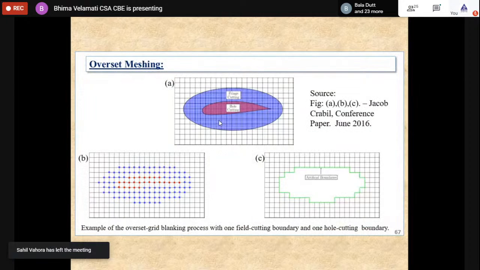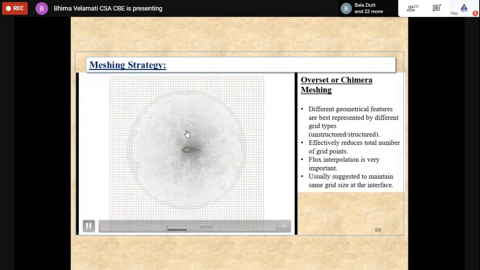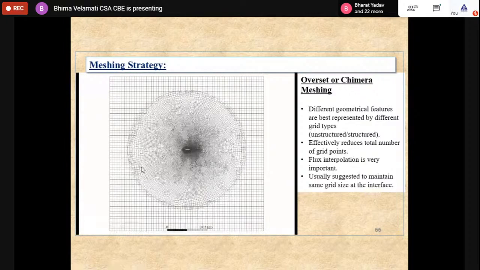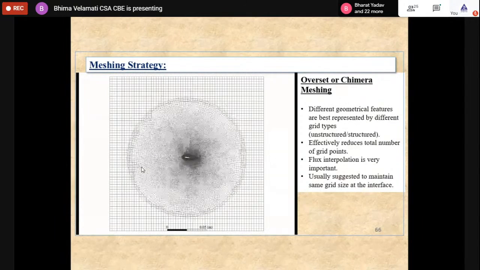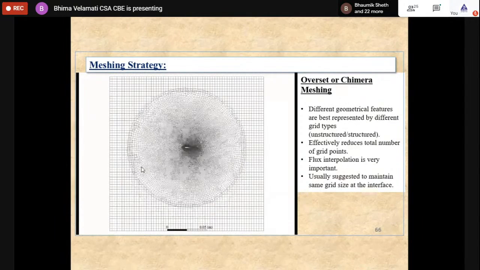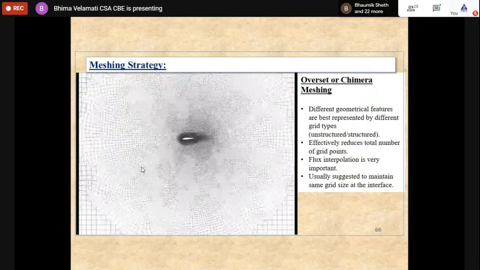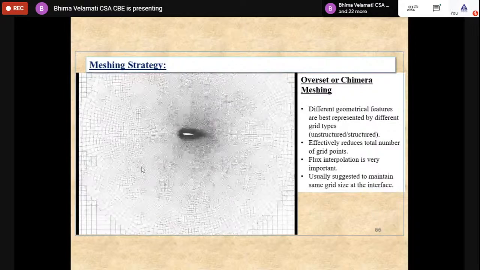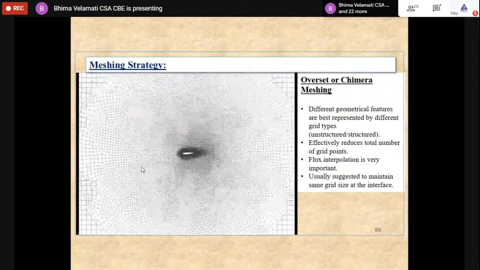What happens in camera mesh is that I have a foreground mesh and a background mesh. The advantage here is that the foreground mesh I can move whichever way I want.